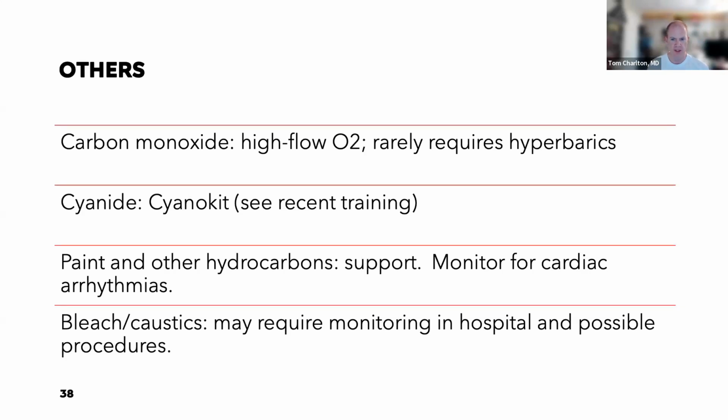The most concerning thing, though, is cardiac arrhythmias. These patients, their heart becomes extremely irritable. And there have been case reports of patients going into VFib arrest as they were basically bumping out of the ambulance and into the hospital. Now, is it really the bumping that did it? Probably not, but that's what the case reports were focused on.